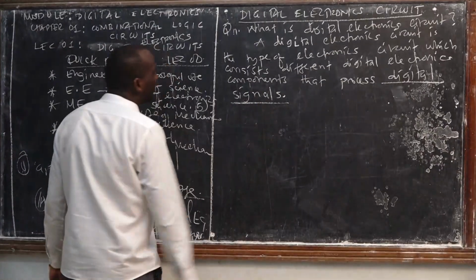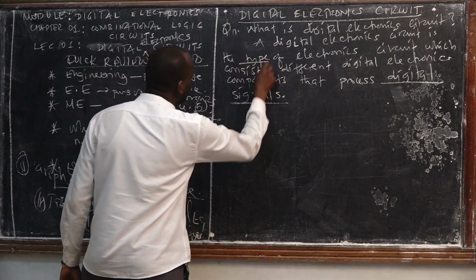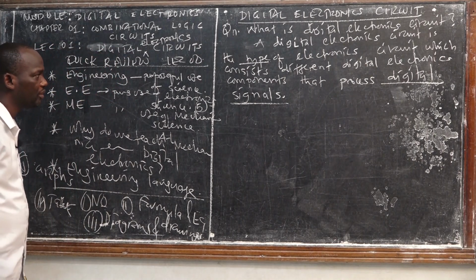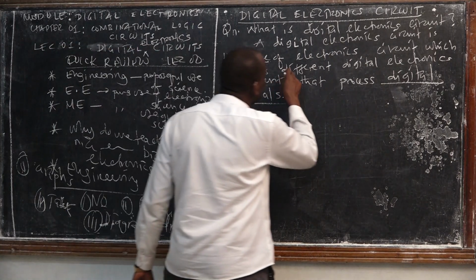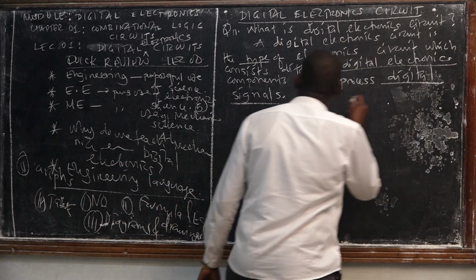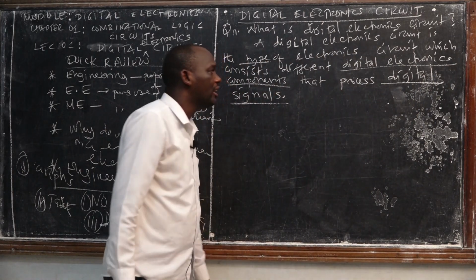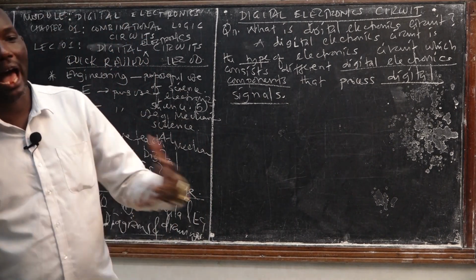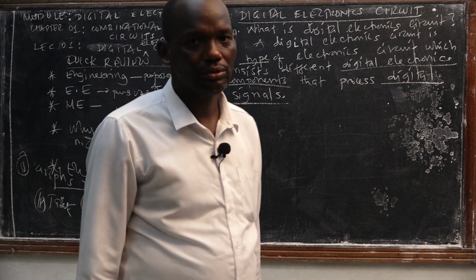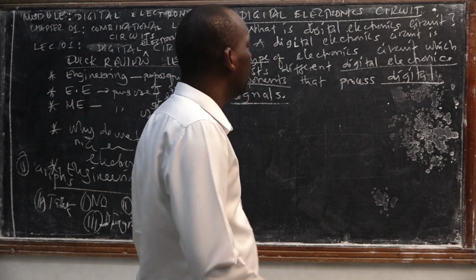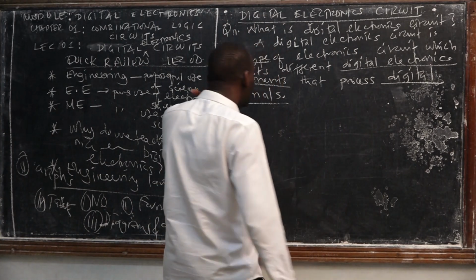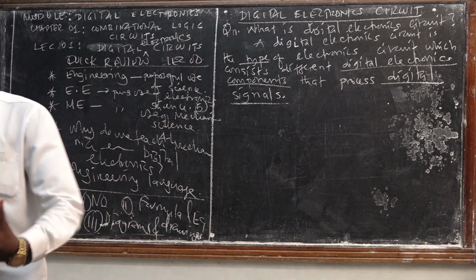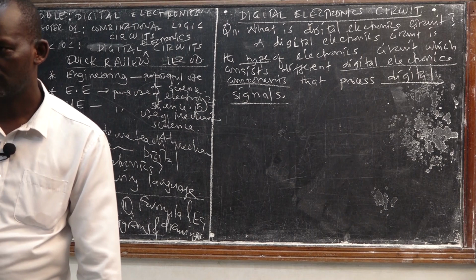So the digital electronic circuit is one type. In electronics we have different types of electronic circuits. We have digital electronics components, analog electronics components, and power electronics components. Also we have digital electronics instruments, analog electronics instruments, and power electronics instruments.